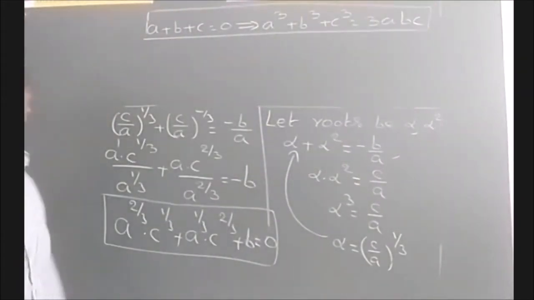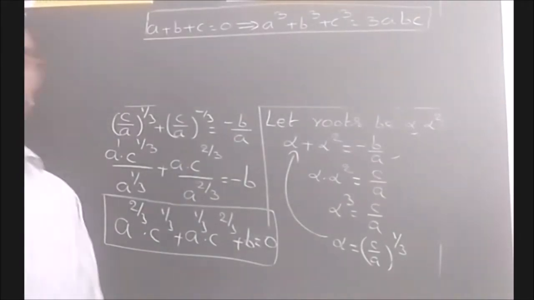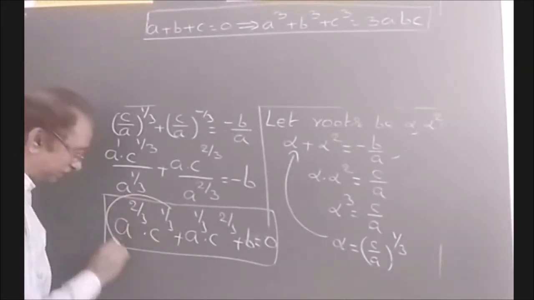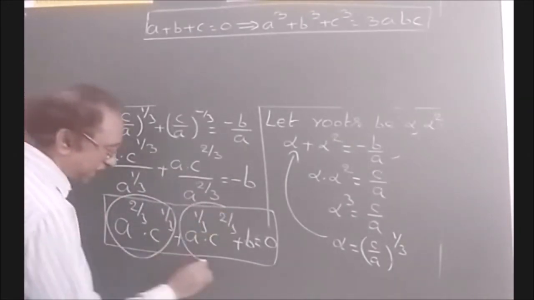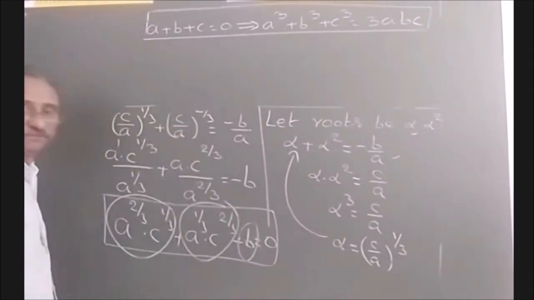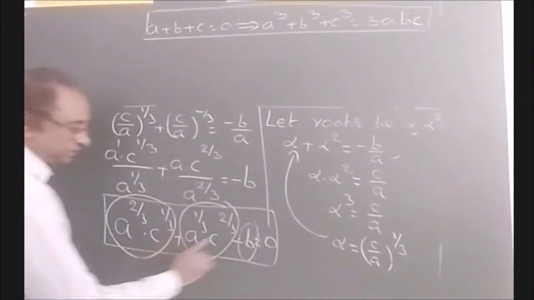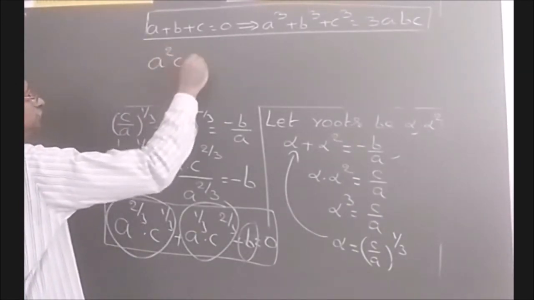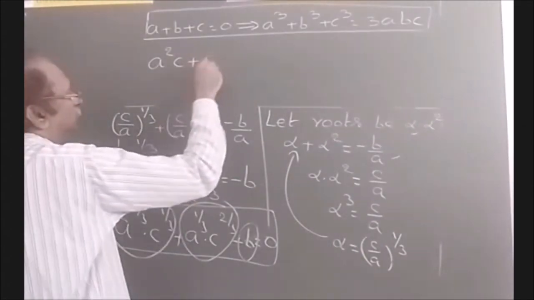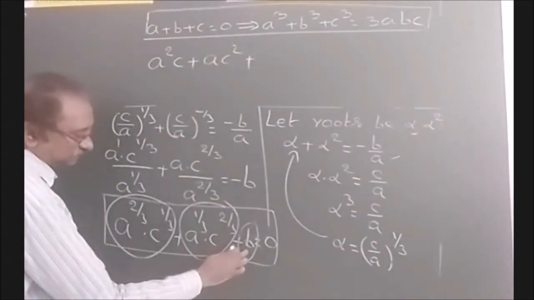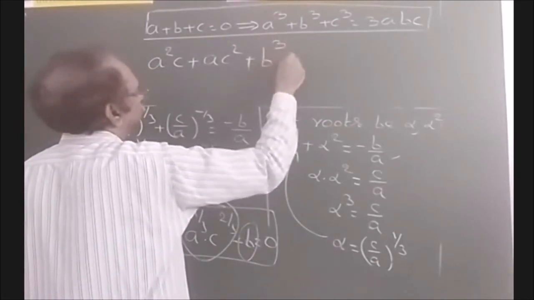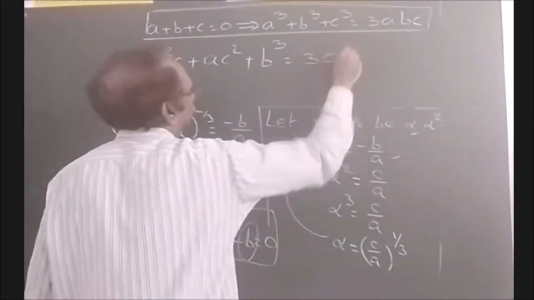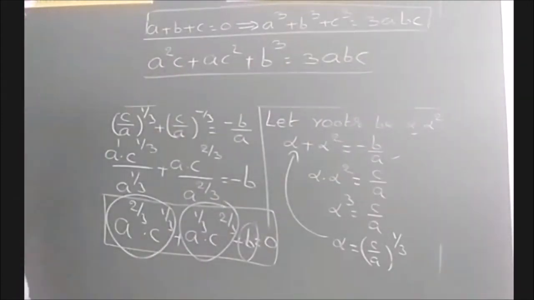Similarly, treat this as a, treat this as b, and treat this as c, and use the formula a plus b plus c is equal to 0. Then a cube, you will get a square c, plus b cube, you will get ac square, plus c cube, you will get b cube, is equal to 3 into this into this into this. You can observe, you will get 3abc. So write down.